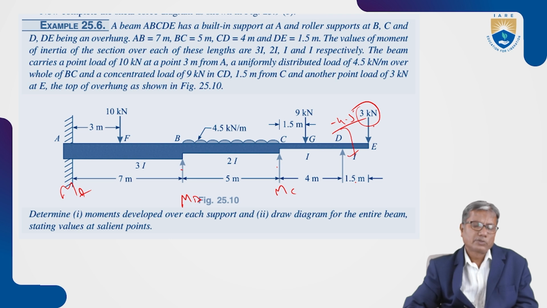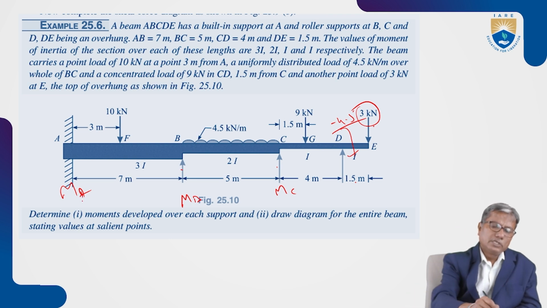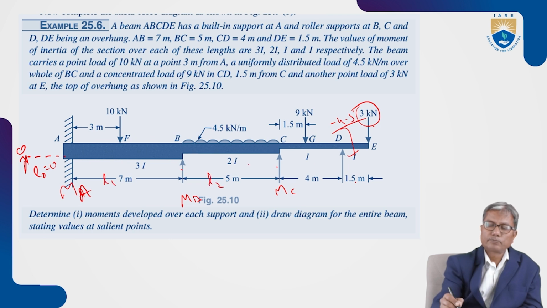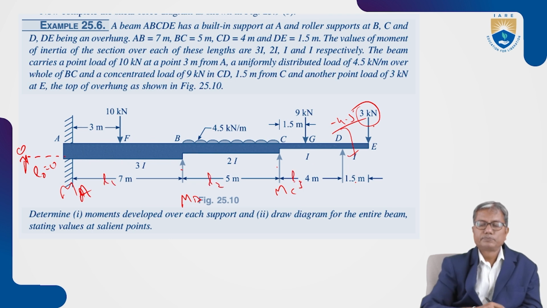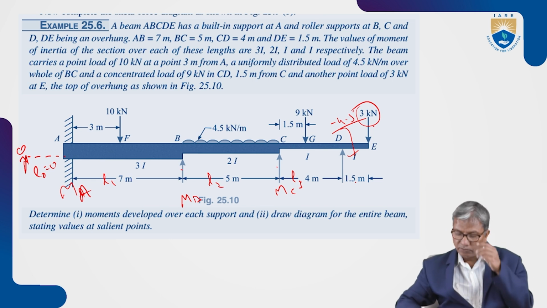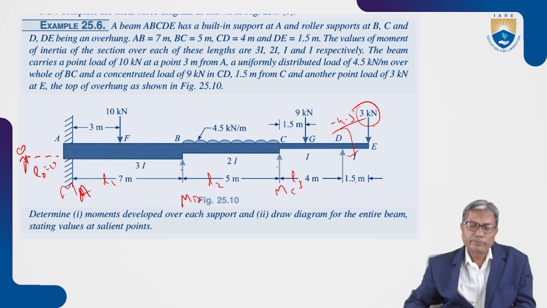End A being fixed, we consider a zero span here. There are L1, L2, and L3. L0 is 0. The zero span is considered to the left of A, the fixed end.